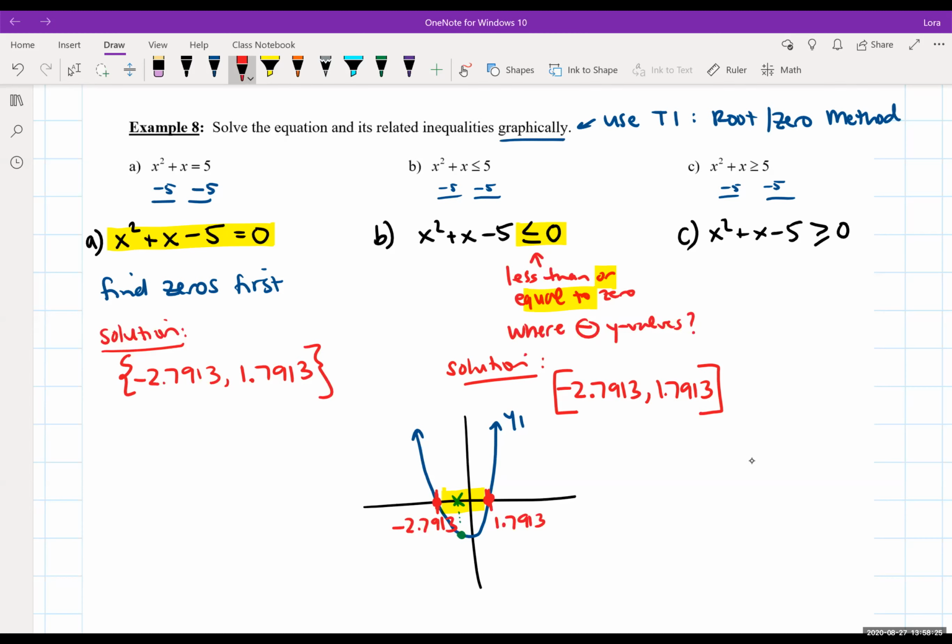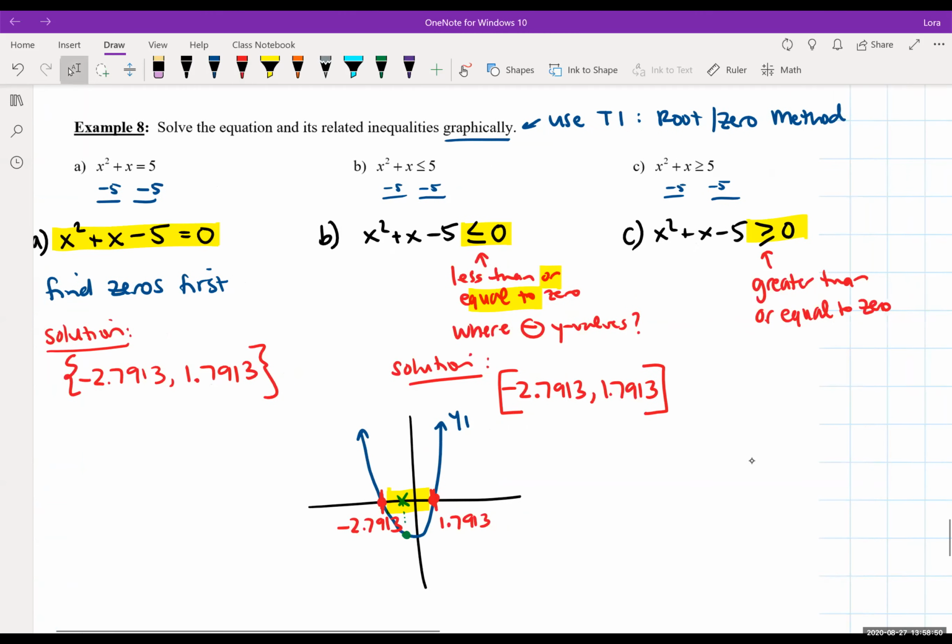Part B and part C are related in the fact that they're in a way opposites of each other. Just to point this out one more time, when you are interpreting the quadratic expression in relation to 0, you're reading it out as greater than or equal to 0. I'll write 0 a little nicer for you.